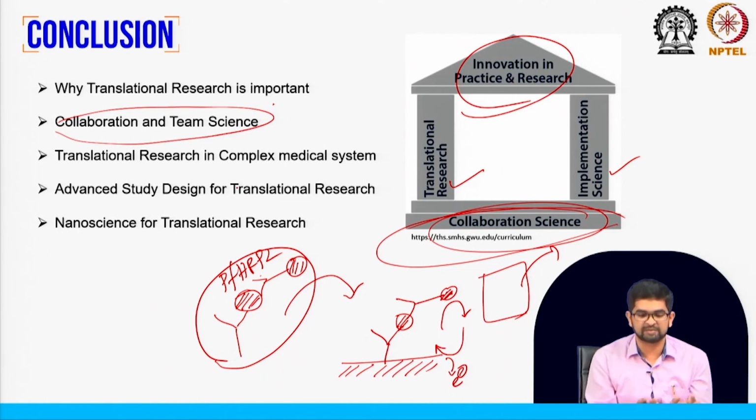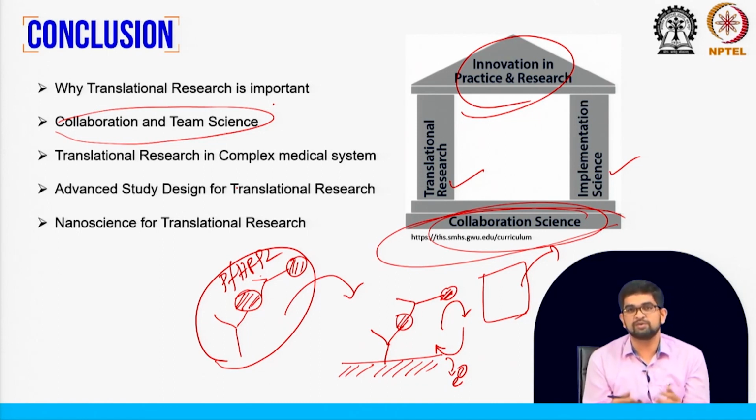Not only for this very simple technique, but even for complex diagnostic and complex therapeutic techniques. Sometimes development of a certain drug can take 10 to 12 years. Why does it take such a long time? Because first you are developing some medicines, then you are going for trial, and then finally you are validating.